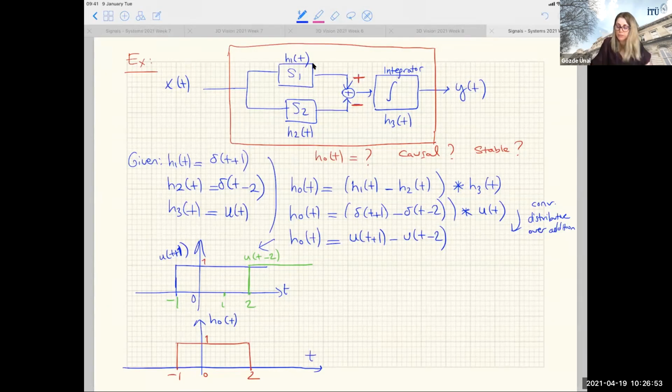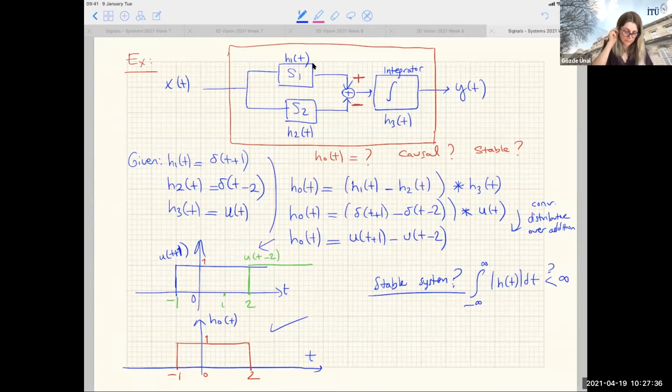So my two other questions. Now you found h overall. Is it a stable system? Remember, for stability of an LTI system, we look at the area underneath the absolute impulse response and check whether it is finite or not.